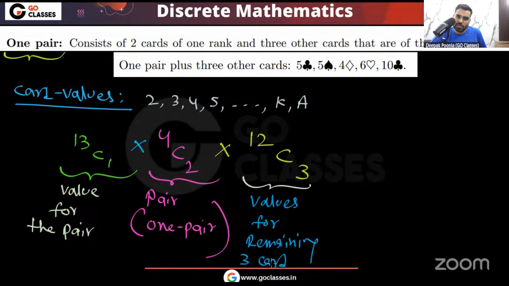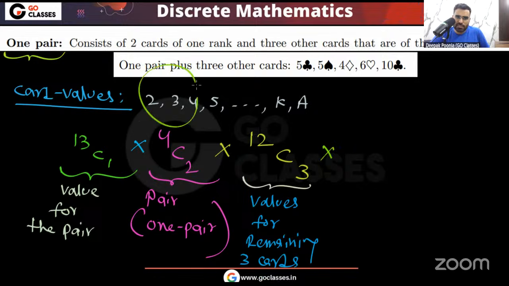Now let's assume for a moment that these are the three values you have chosen for the remaining three cards: value 2, value 3, value 4. Then for each value there are four cards, but I just want one card for each value. Yes or no? Remember, these three values I have chosen.